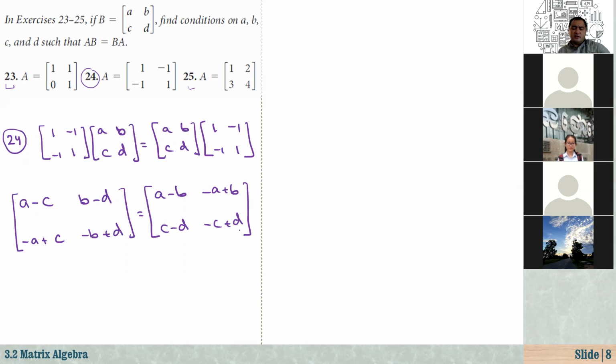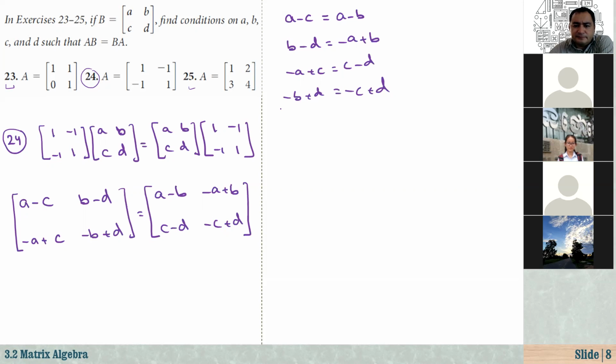Again, we know the two matrices are equal if and only if their corresponding components are equal. From here, we get a minus c should be equal to a minus b. The second one, b minus d should be equal to negative a plus b. Third one, negative a plus c should be equal to c minus d. And the last one, negative b plus d should be equal to negative c plus d.